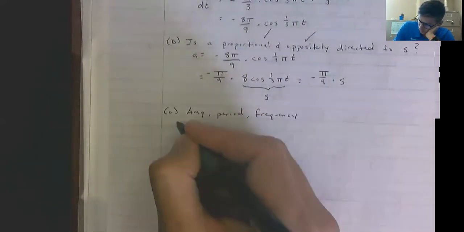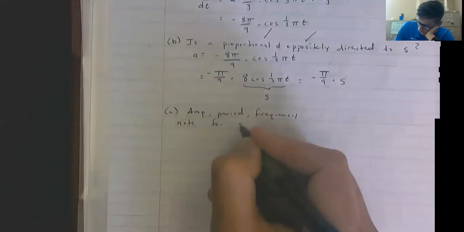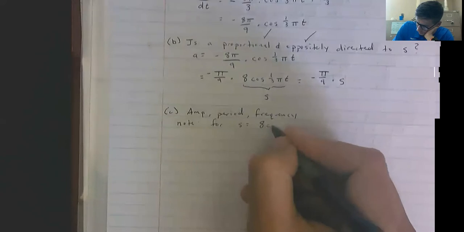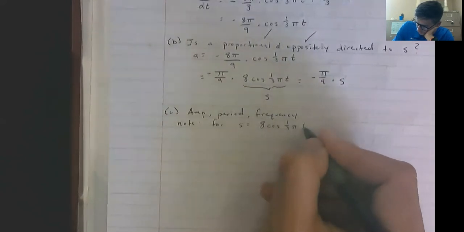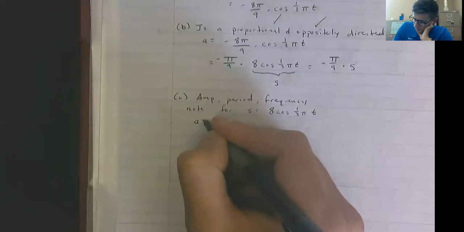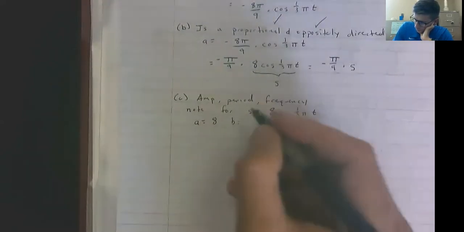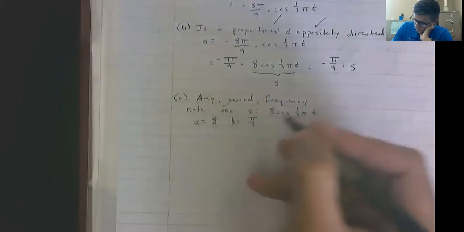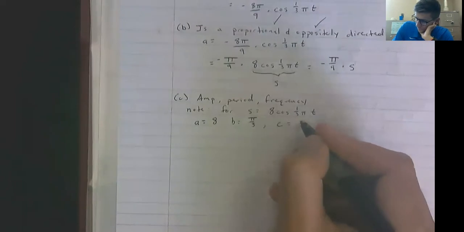So let's just note that for S equals 8 times the cosine of 1/3 pi t, let's just pull out those A, B, C values. A is equal to 8, B is equal to pi over 3, and C, there is no C, is equal to 0.